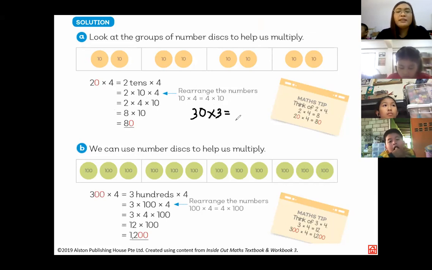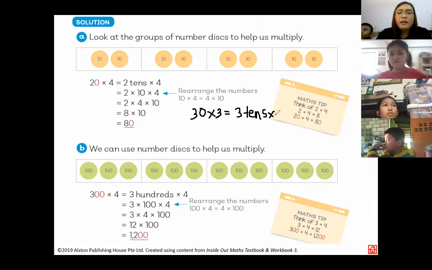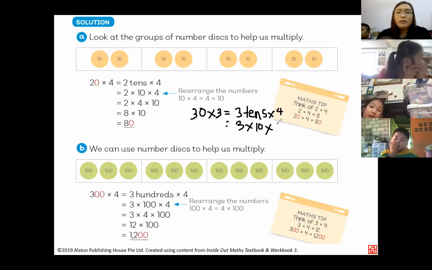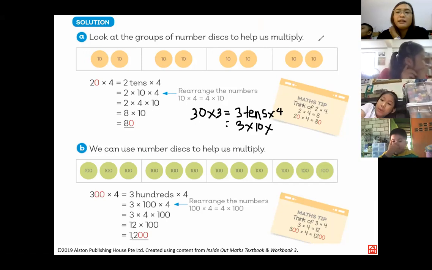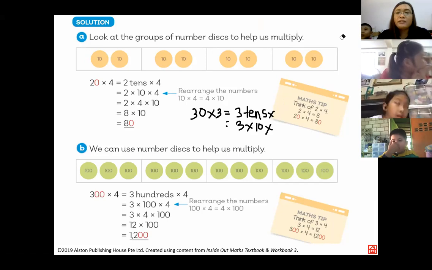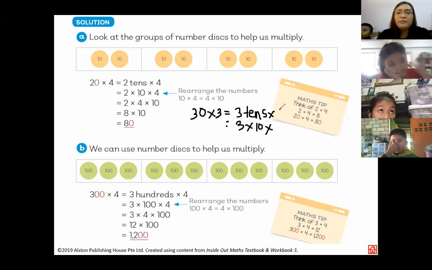We will write 3 tens times 3. Oh, I'm sorry, this one is 4, this one is 3. So 3 tens times 3.